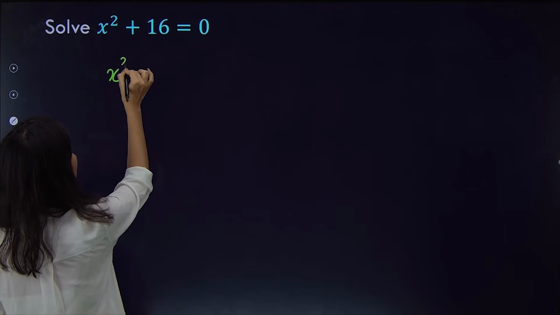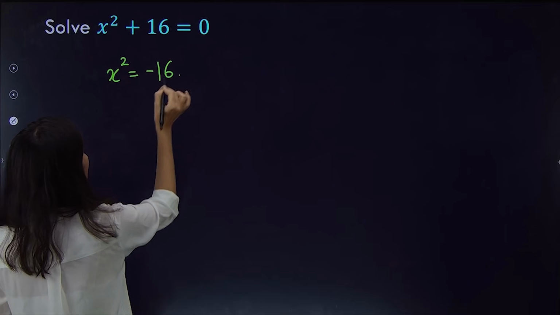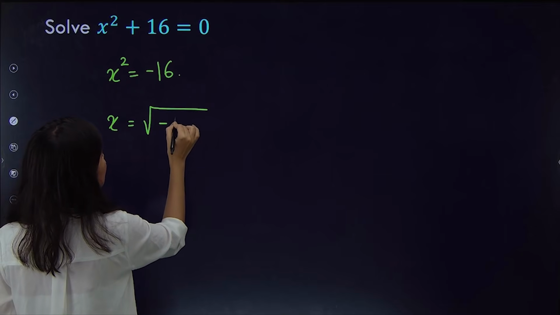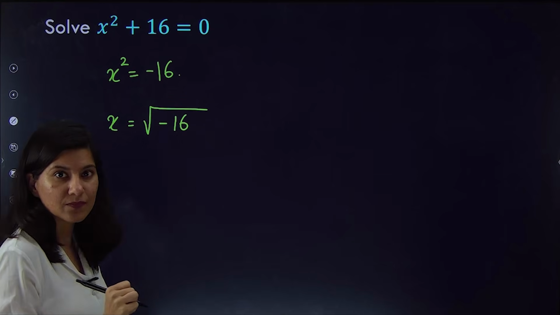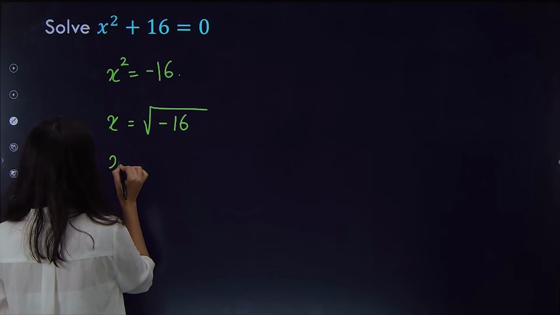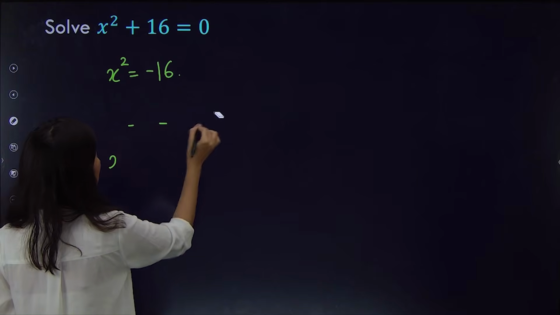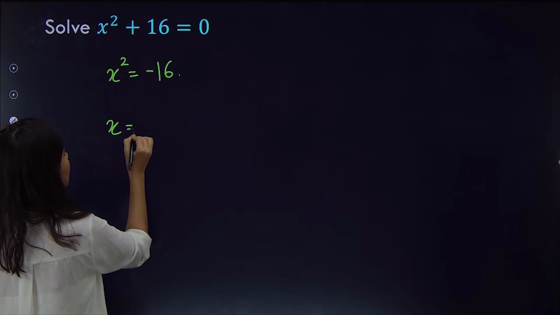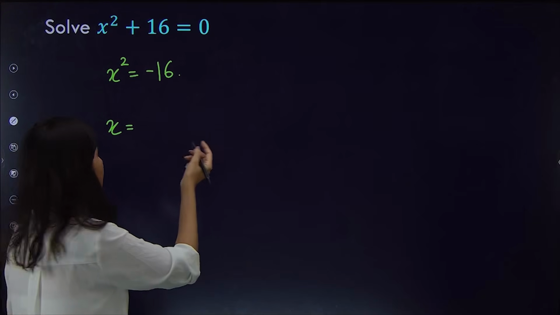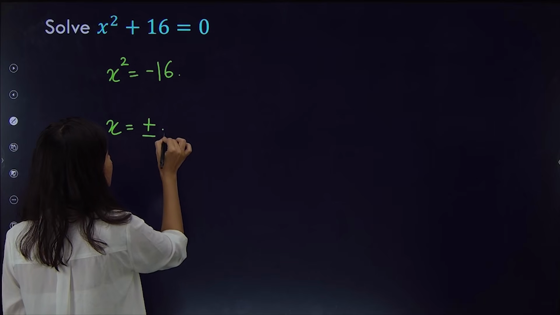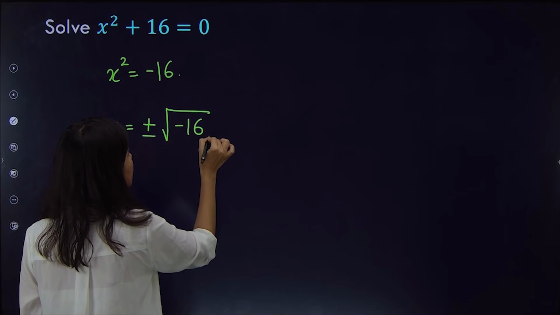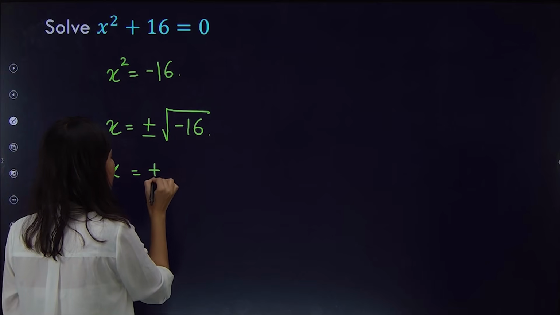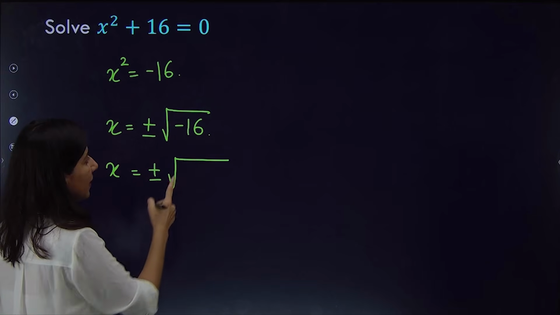This will give me x squared equals -16, and x will be equal to plus minus square root of -16.